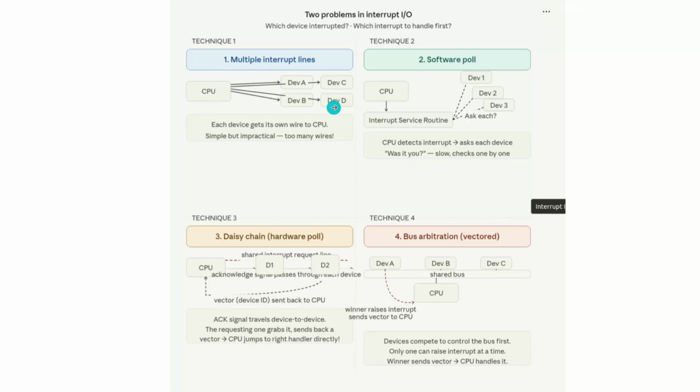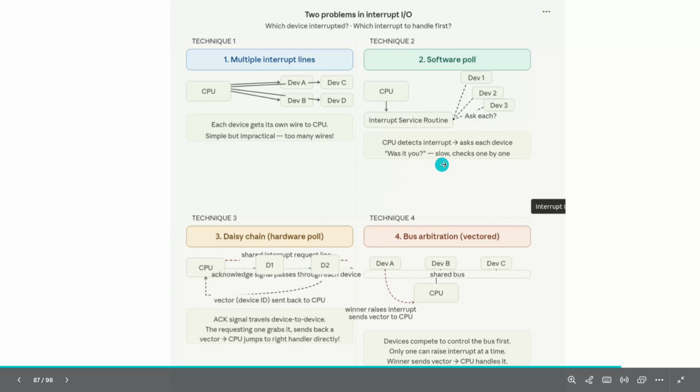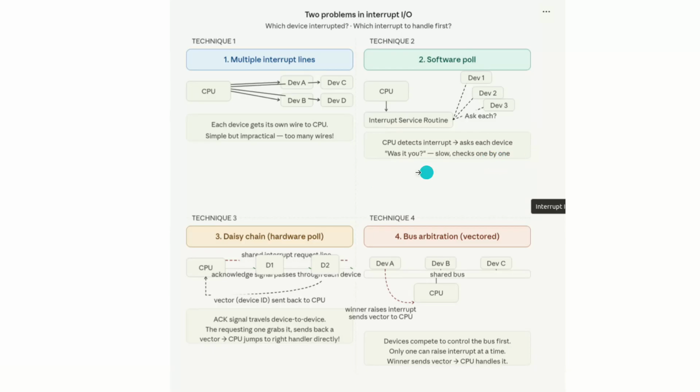In multiple interrupt lines, each device gets its own line to the CPU. It is like each of these devices is connected to the CPU. And in software poll, the CPU detects the interrupt, asks each device one at a time, which is slow. The CPU would ask each device whether it was them.